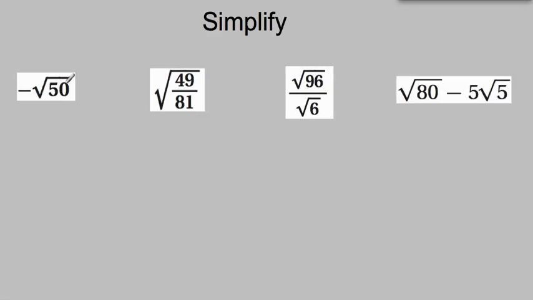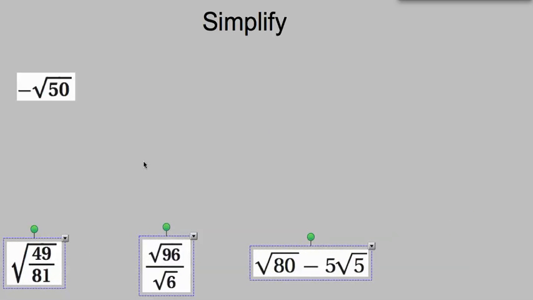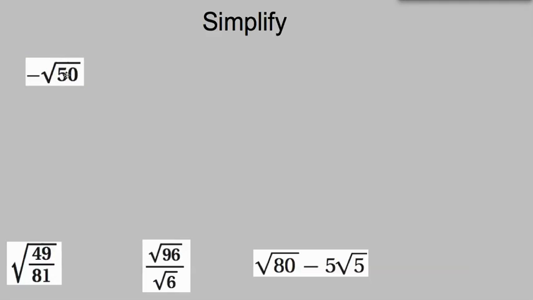All right, let's look at the negative square root of 50. Again, when we're talking about the negative square root of 50, give myself a little room to work here. The negative square root of 50. The first thing I need to do is try to simplify this square root. So I need to pull out any perfect square factors.